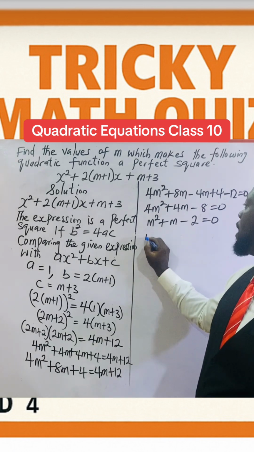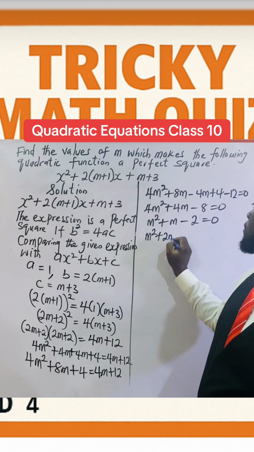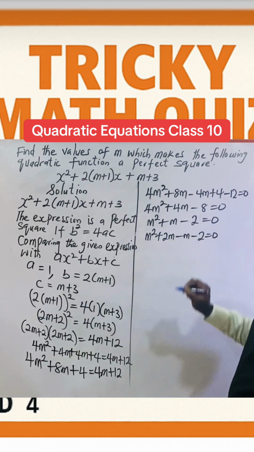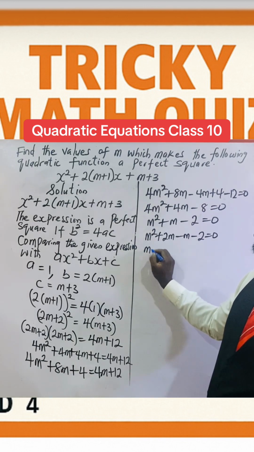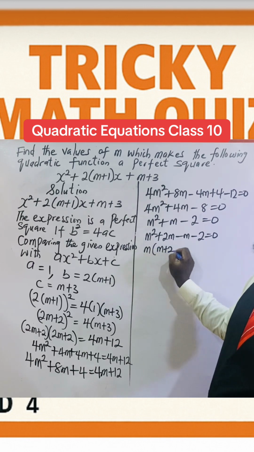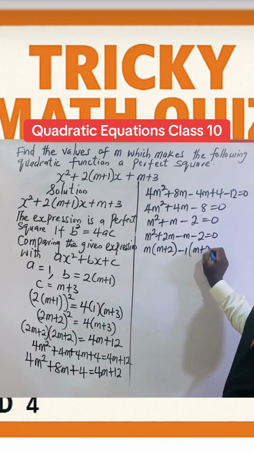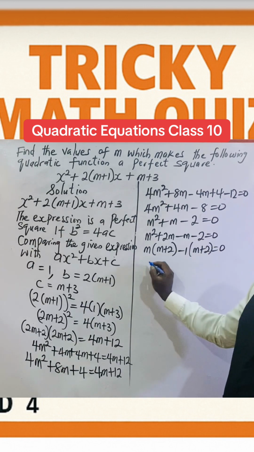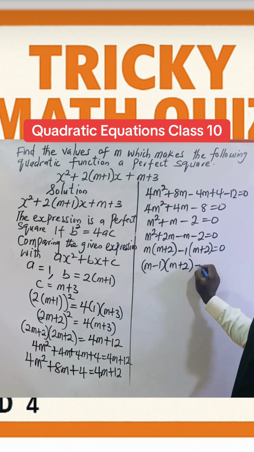So quickly you have m squared plus 2m minus m, that is 1m, minus 2 equal to 0. Quickly here, what is common? M is common, we have m plus 2. Here, minus 1 is common, we have m plus 2 equal to 0. So quickly, we have m minus 1 bracket m plus 2 equal to 0.